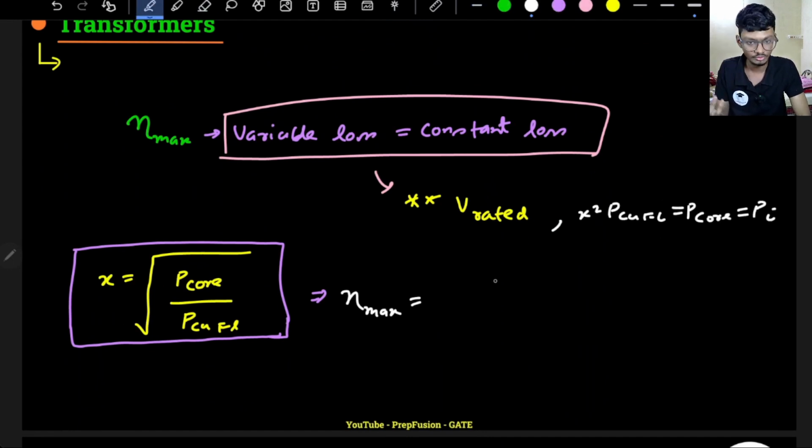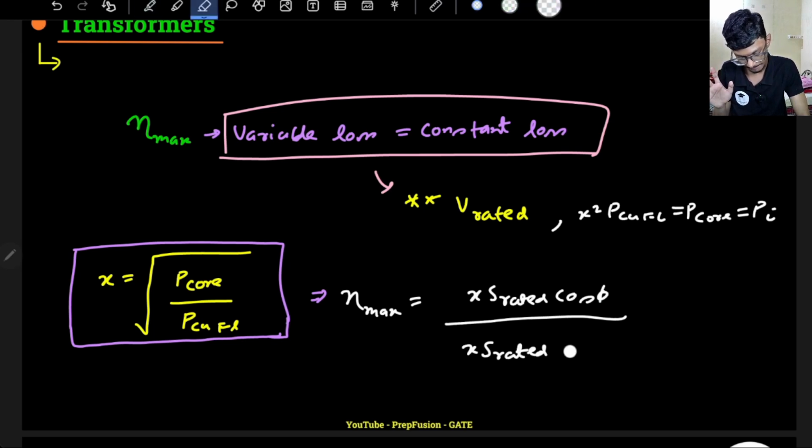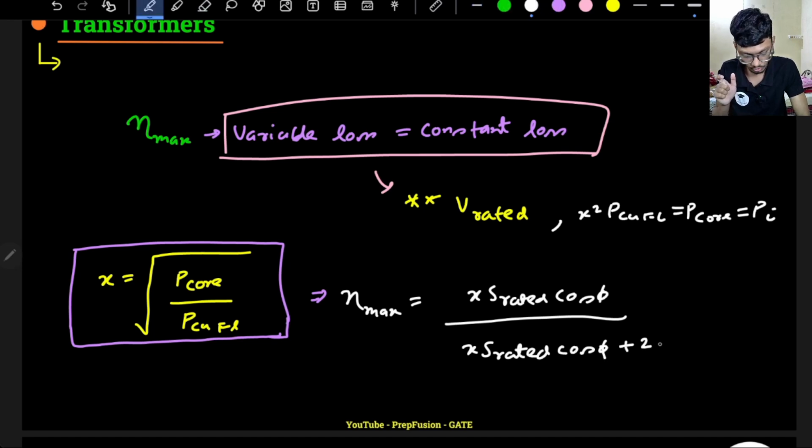So basically it will be equal to x into S rated cos phi divided by x into S rated into cos phi plus 2 into P_i. That's it.